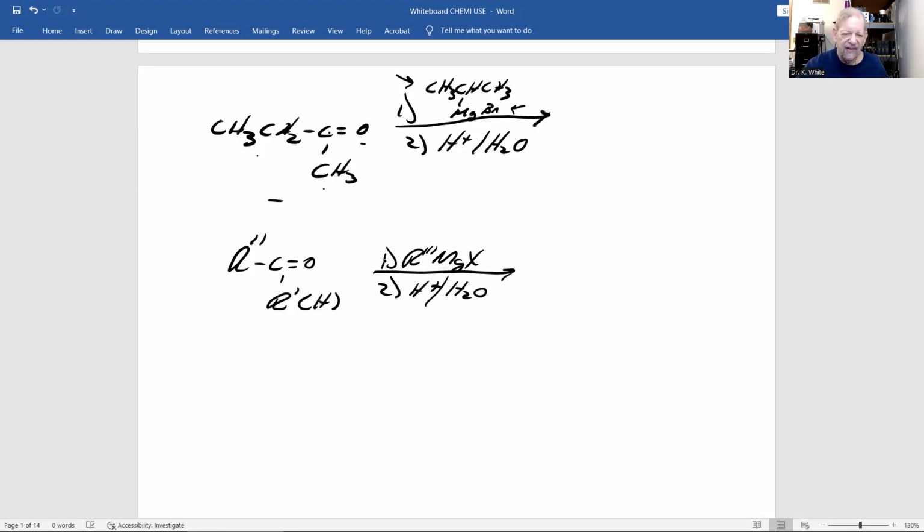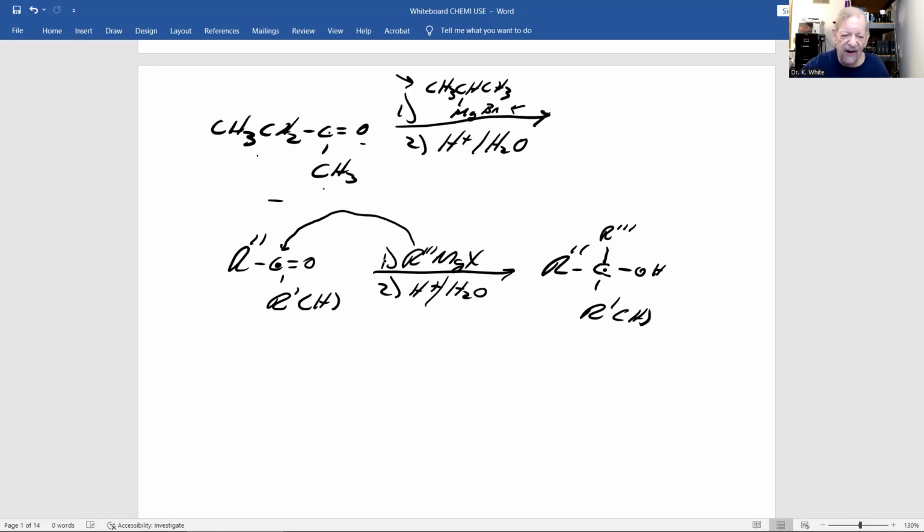And here, the carbon with the Grignard attacks the carbonyl carbon right there and opens it up. What's attached to it, R prime or hydrogen, and R double prime are still attached to that carbon. But you get an alcohol, and now you make that special thing, a carbon-carbon single bond.